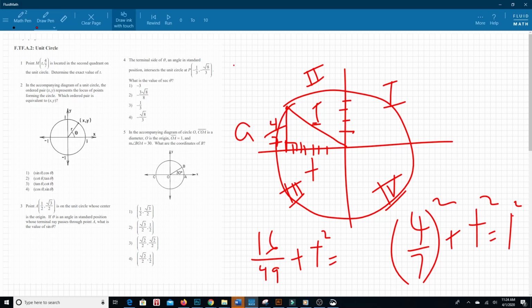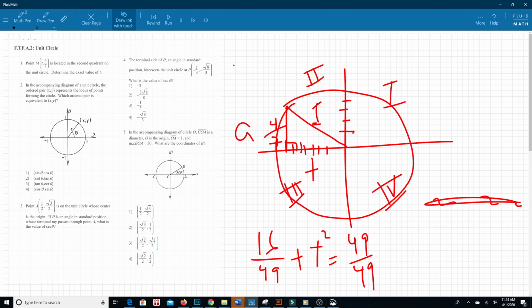So I'll say 49 over 49, right? And then use the space right here. Sorry guys, I'm going to erase that part. So it's going to be 49 over 49 minus 16 over 49 equals t squared.